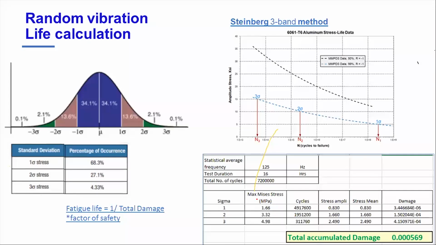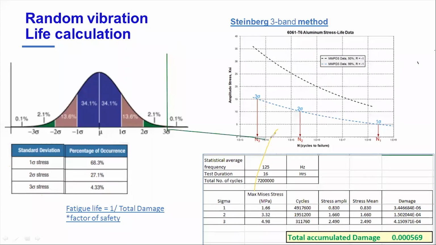Now, because random vibration itself is a statistical parameter, what you typically try to do is input this power spectral density and try to get an accumulative effect of this power spectral density on your specimen.